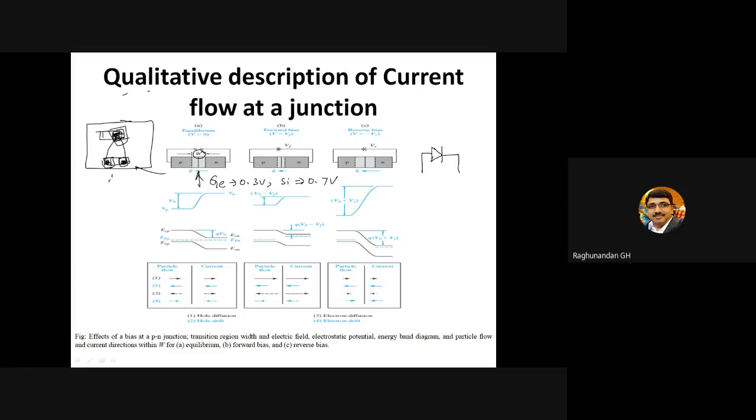Take a silicon diode, take a multimeter, keep it in voltage mode, and if you measure without connecting any power supply, and I'm telling this is silicon, the voltmeter will be showing you 0.7. If it is a germanium, the voltmeter will be showing you 0.3 volt.